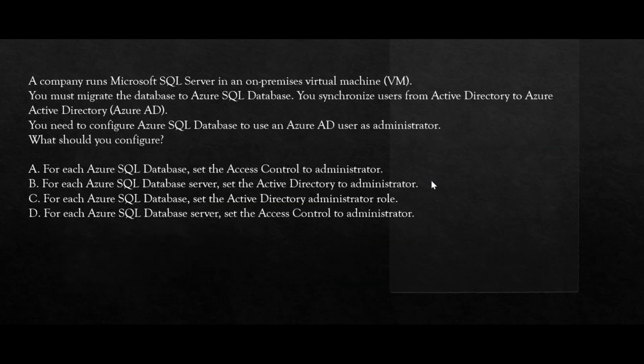So this is the question, and if you see the options here, option A and option D are both similar. All these options are split into two groups. Options A and D are talking about access control, and options B and C are talking about AD being set as an administrator.